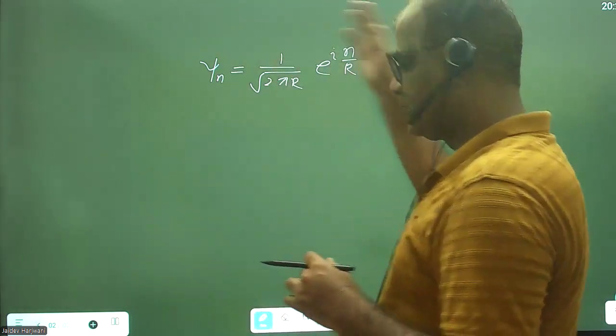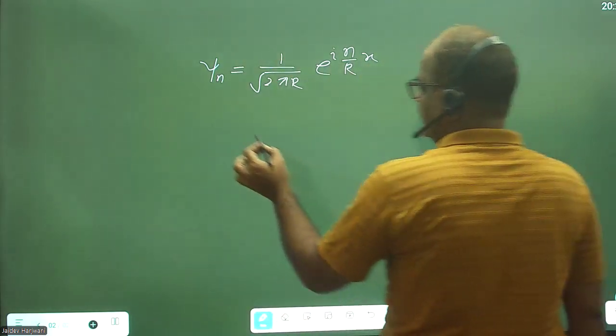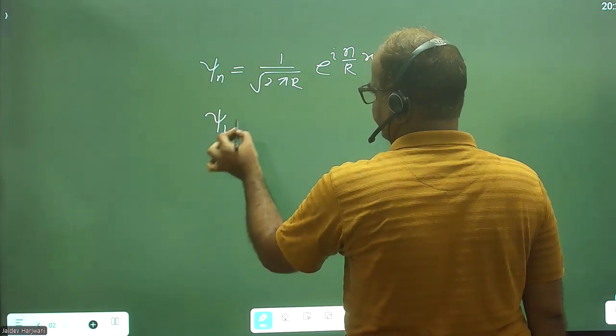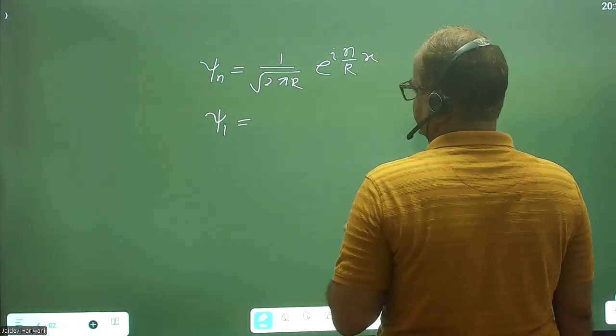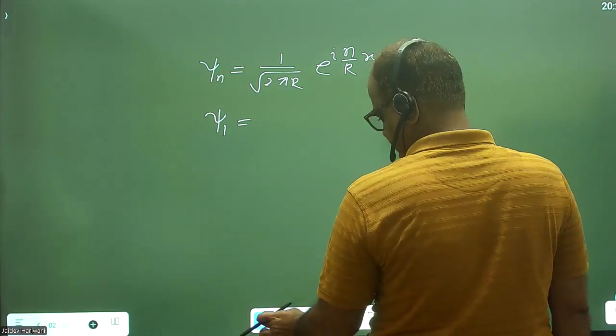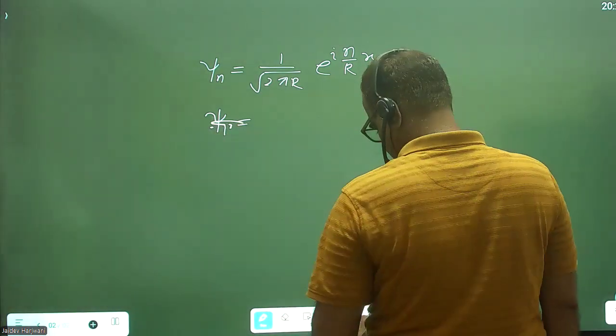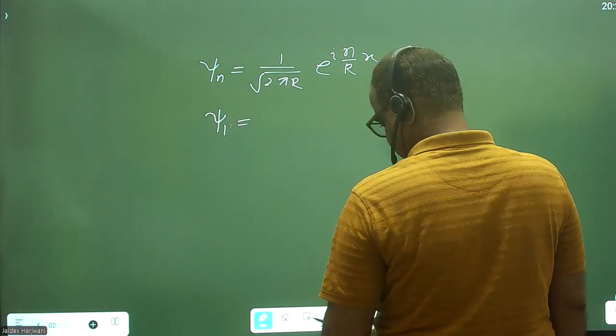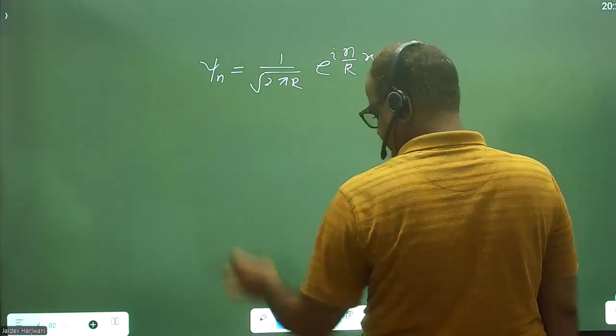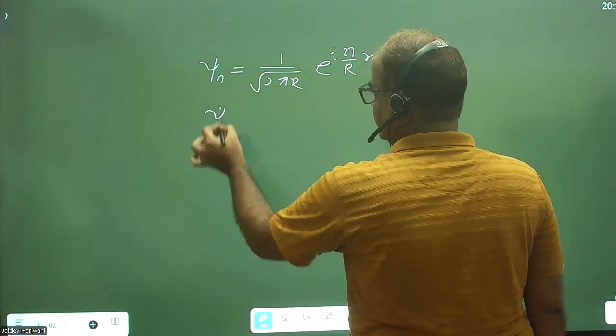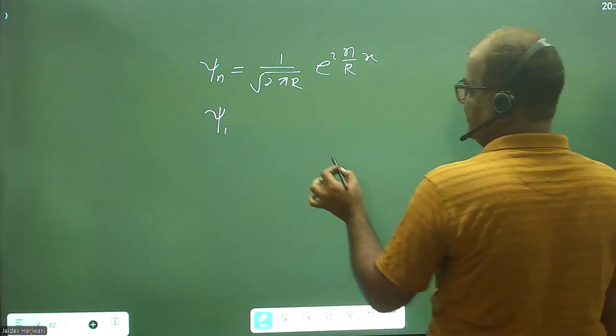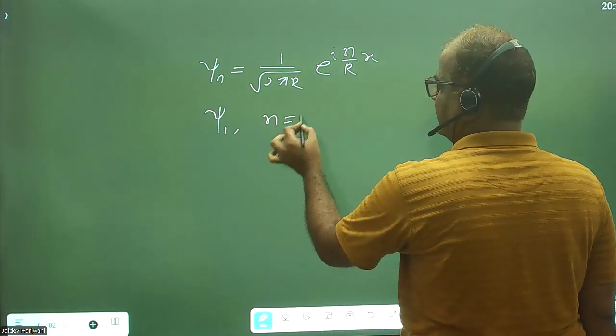If the particle is in the psi 1 state, then n is 1.